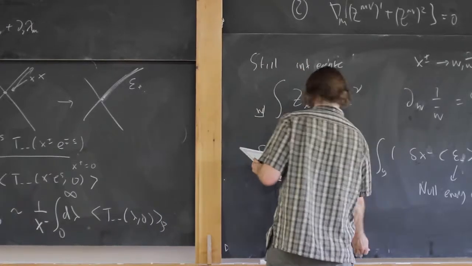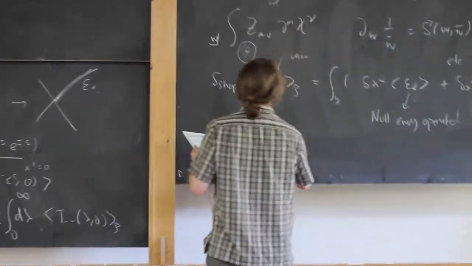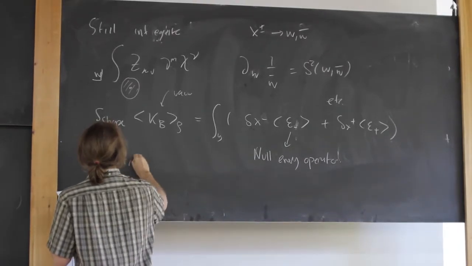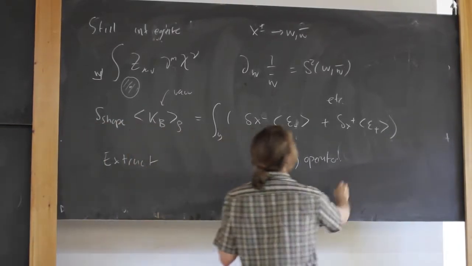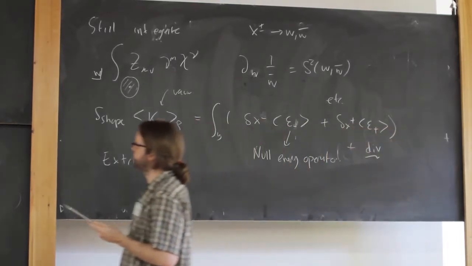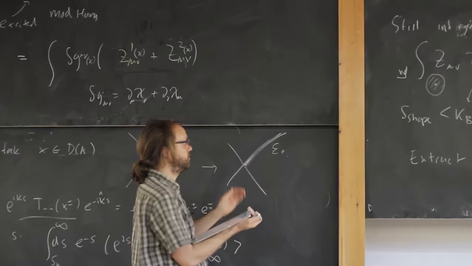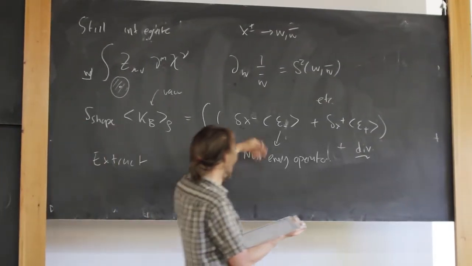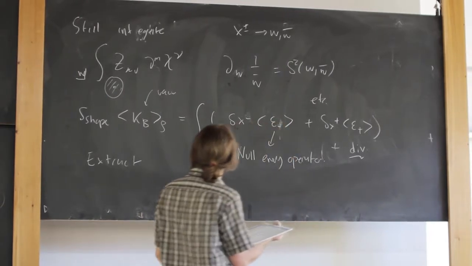And so we can use this fact to extract a new modular Hamiltonian. So extract, I should have said, this is all plus divergences. And these divergences come from the other term. So I just analyzed one of the terms in that limit, but the other term has potential divergences.